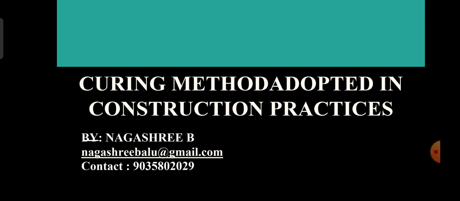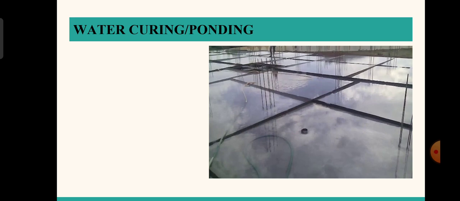So coming on to different methods of curing of concrete, the first and foremost is water curing, or it is also called ponding. So here, in case of water curing, this method is done by application of the water on the surface of the concrete in order to avoid drying of the concrete.